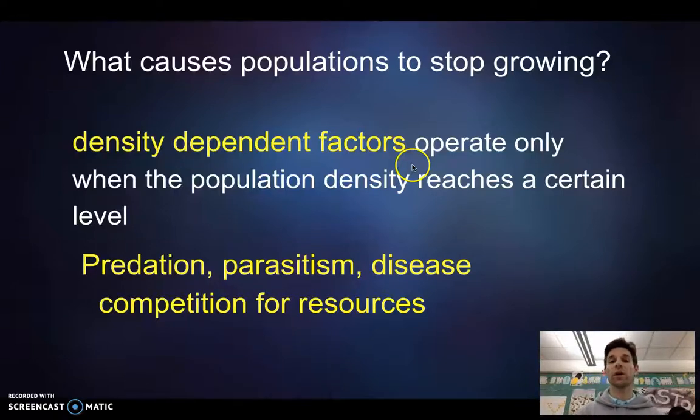Disease can spread more rapidly in a densely populated population, and competition will rise also. Competition for resources is for sure density dependent, because the more densely packed a population is, the more competition there will be for those resources. So these are the more natural, more interesting, I think, factors that affect the growth of a population: density-dependent factors.